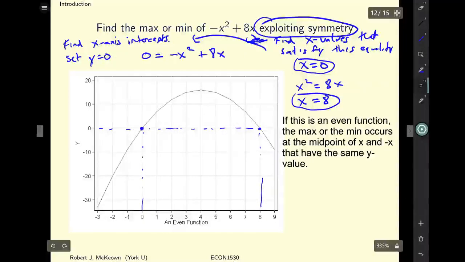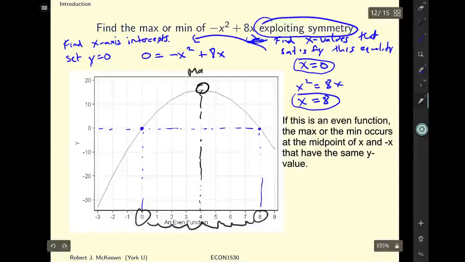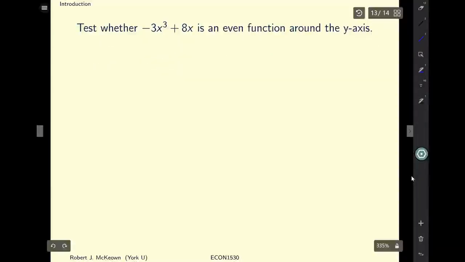And so I've got 8 and I've got 0, and if I go 1, 2, 3, 4, 1, 2, 3, 4, I can find the max right here, which is going to happen at 4. Here's a question for you. Go ahead and determine if this is an even function.